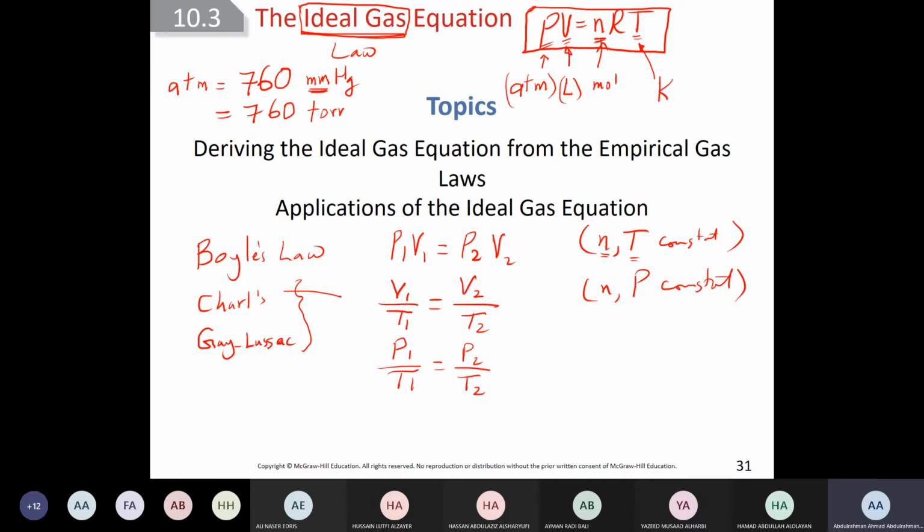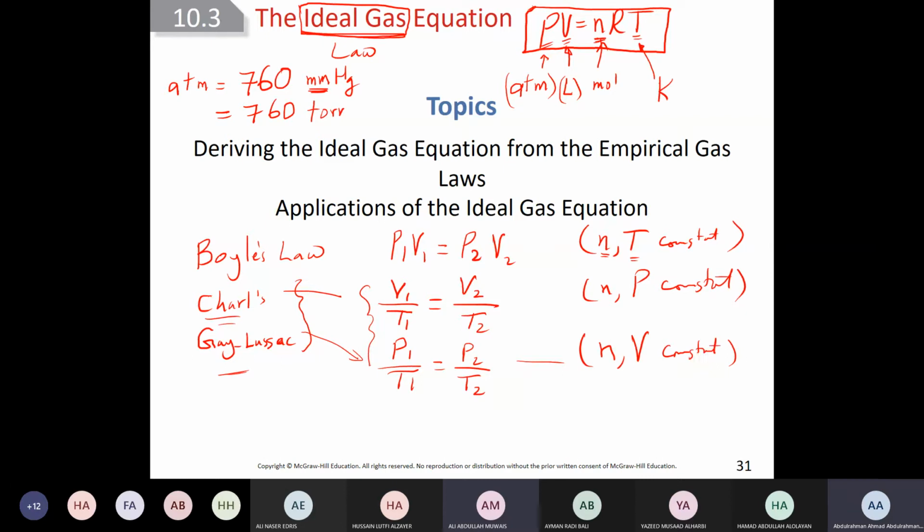I think both of them are called Charles and Gay-Lussac, no problem. What's the condition in this second case? N and V must be constant.